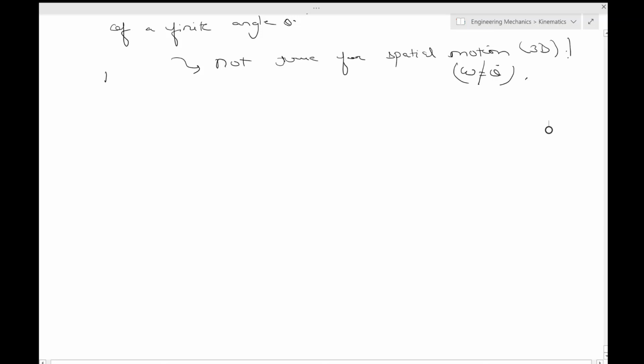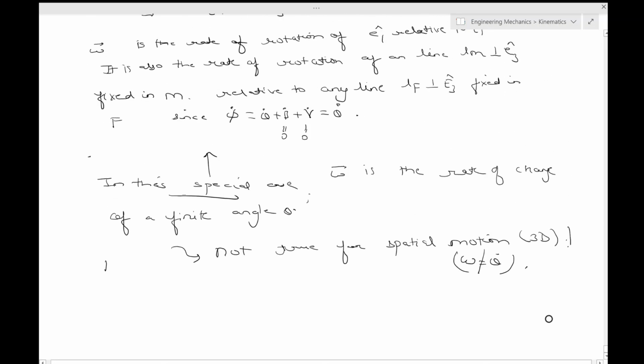The rest of the part is quite straightforward. If omega is equal to omega E3 hat is equal to theta dot E3 hat, you can just differentiate with respect to time, because E3 dot will be equal to 0, and this is clearly theta double dot E3 hat, which can be written as alpha E3 hat.